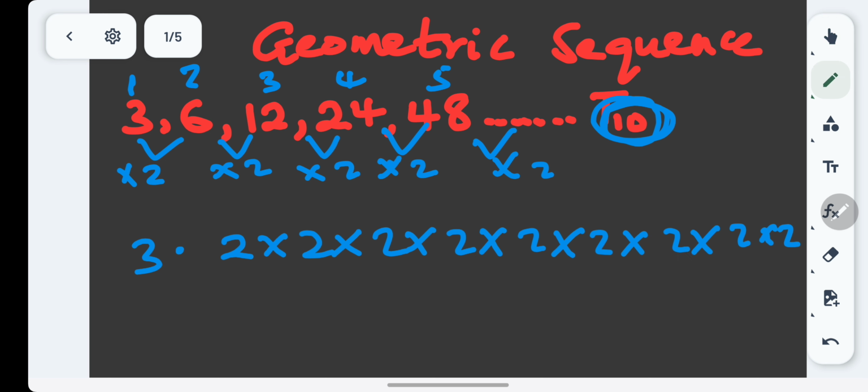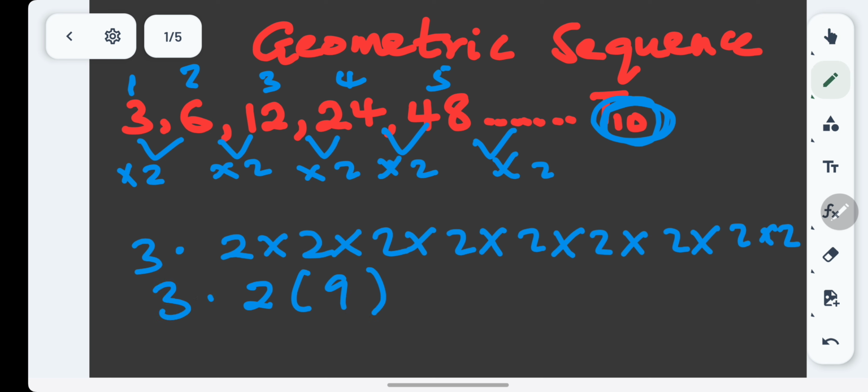Makes sense. Good. So instead of multiplying by 2, by 2, by 2, like this, we can simplify this. How many times did we multiply the 2? 9 times. If you count, we have 1, 2, 3, 4, 5, 6, 7, 8, 9. The 3 is still there.